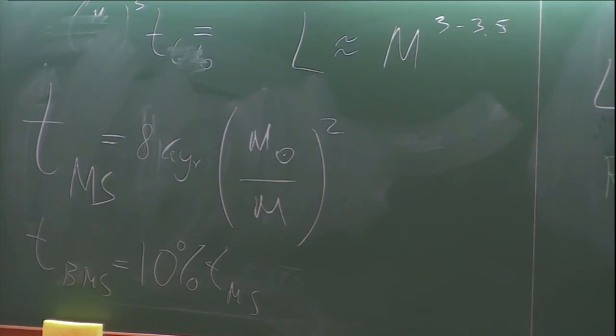And also because of the varying metallicity, metallicity means higher opacity, and higher opacity means that we have a lot more mass loss in the star.